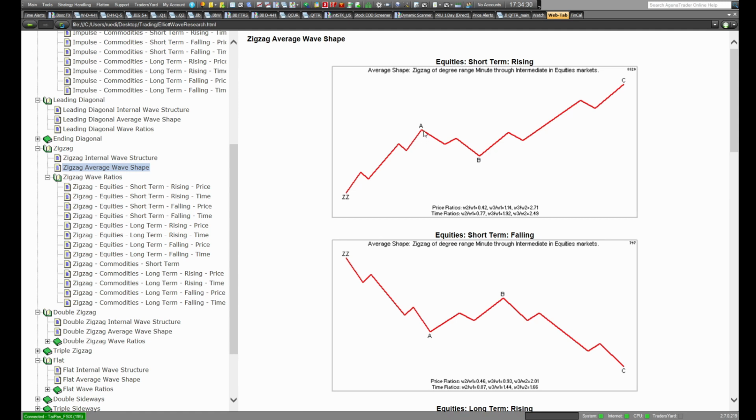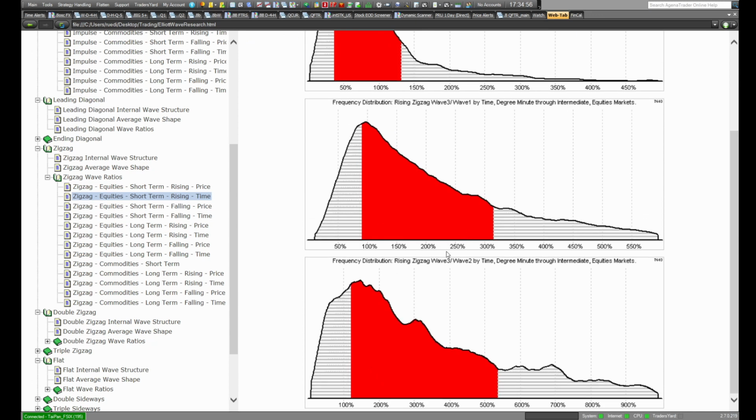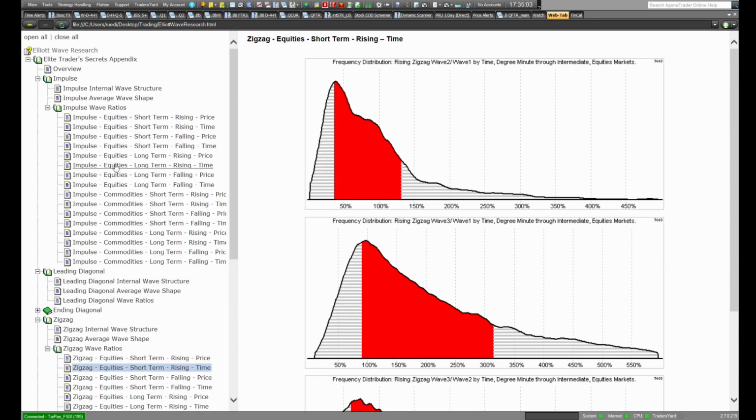If you want to have the highest probabilities on your side, you also take time aspects into account, because this gives you a higher probability that what you think the market is doing will really occur in the end. So time-wise, you can also compare the second wave to the first wave, the third wave to the first wave, and any others, depending on how many waves a special pattern has. I don't want to dig deeper here into all these things.